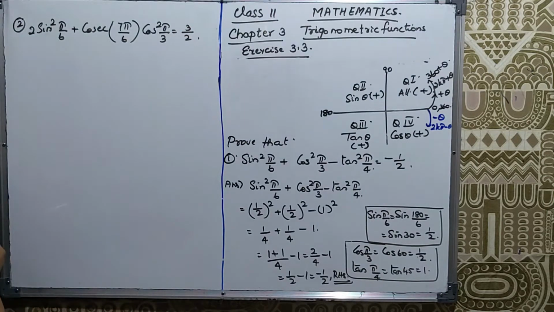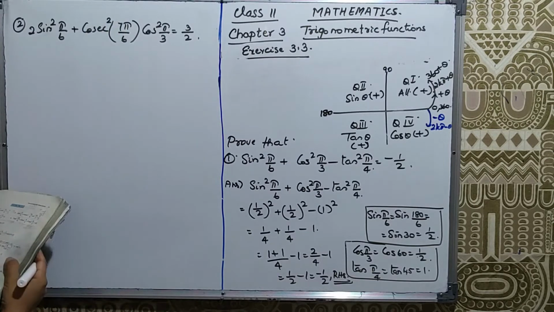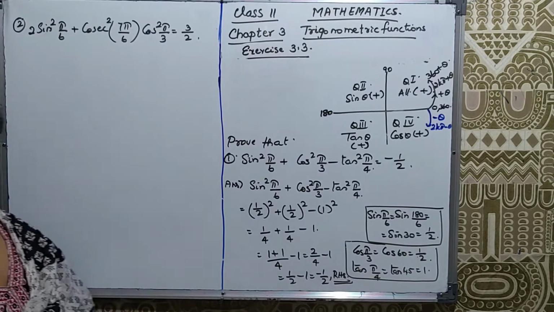So 2 sin squared pi by 6 plus cosec squared 7 pi by 6 again into cos squared pi by 3 equal to 3 by 2, you have to prove.